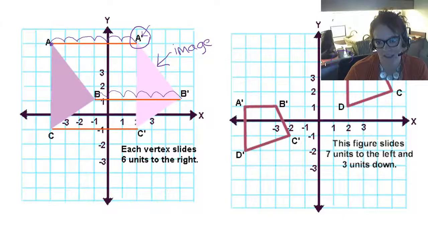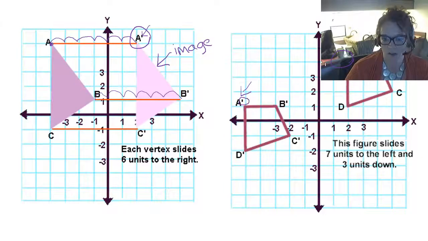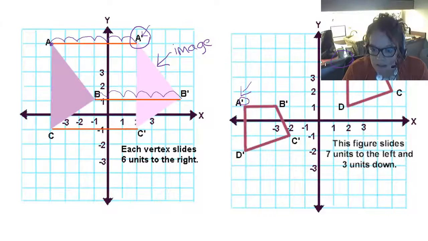So, can you tell which one is the original shape? Yes, you can, because it is just labeled A, B, C, D. The image is over here, because you can see that little tiny 1 right there. Okay, so it says this figure has been slid to the left 7 units and then down 3 units.